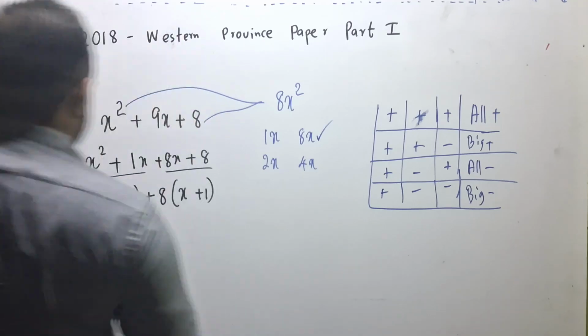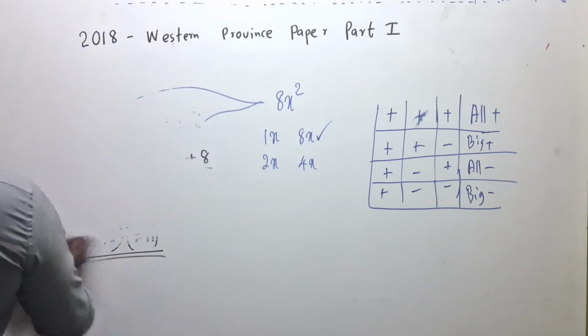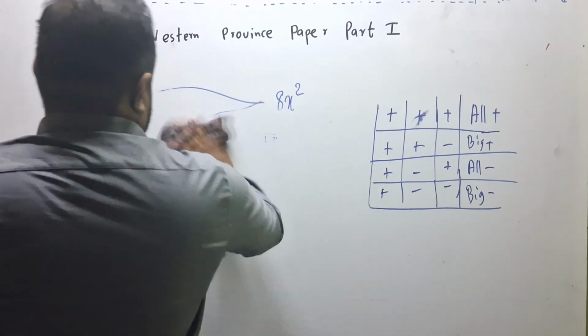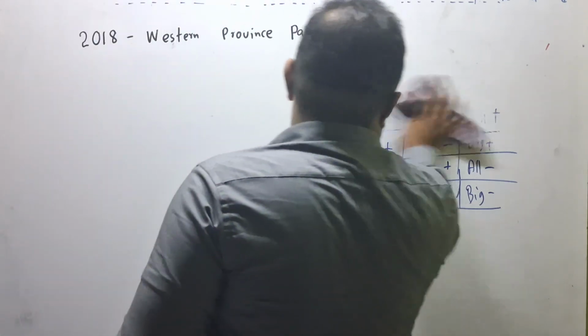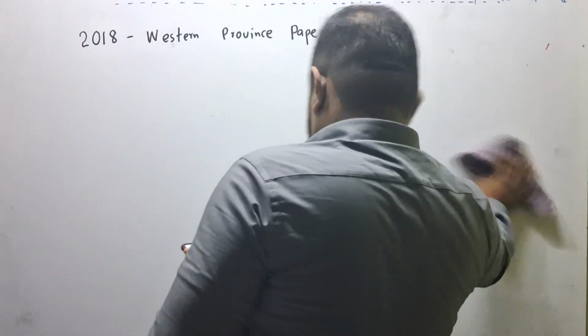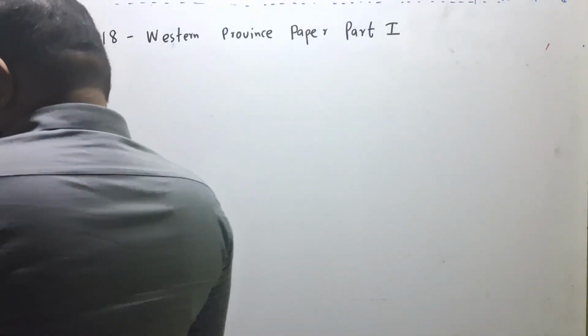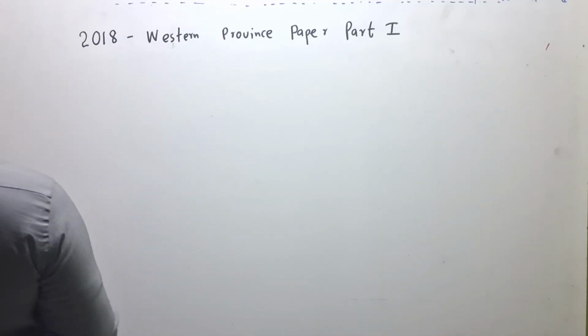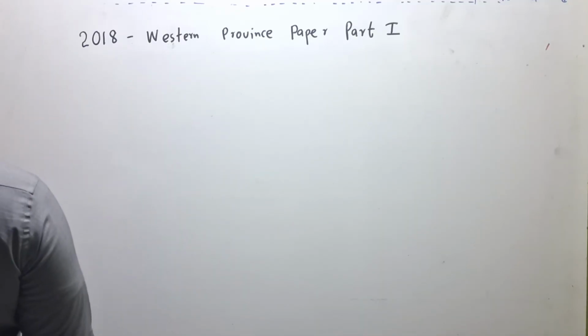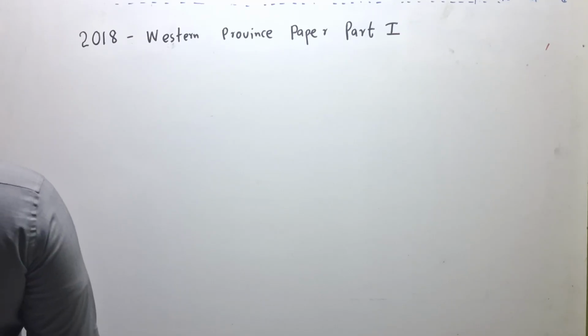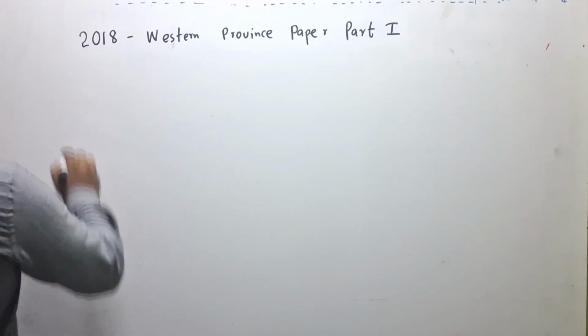Next question. Question 12. In the bag there are 5 orange flavored toffees and 4 mango flavored toffees. When a toffee is taken randomly from the bag, find the probability of the toffee being a mango flavored one.